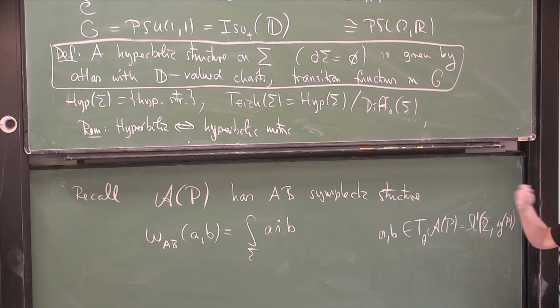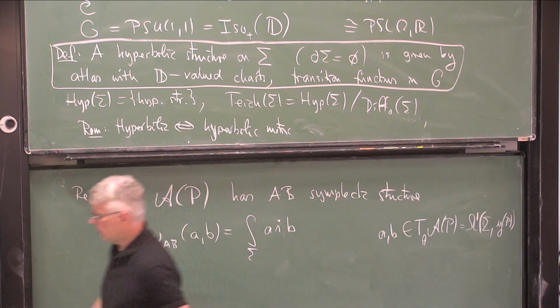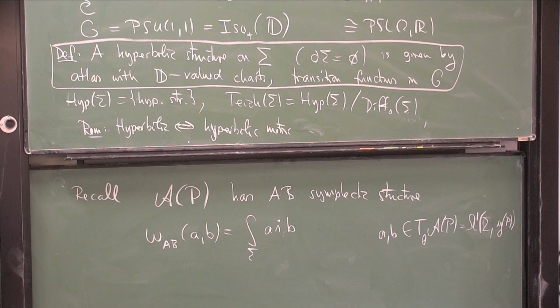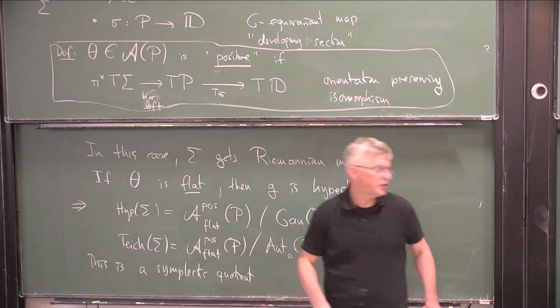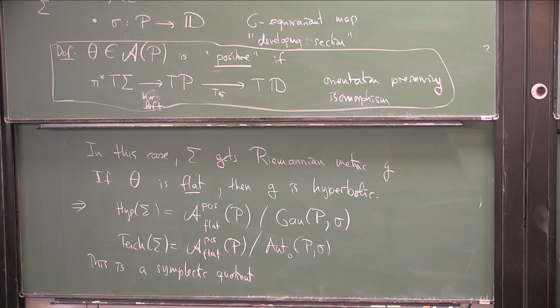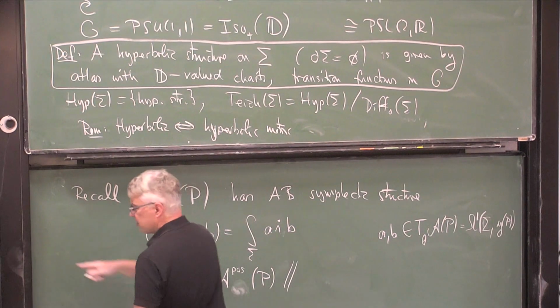And using that language, the curvature essentially becomes a moment map for this action of automorphisms, and this becomes a symplectic quotient. So I can say Teichmueller space is a symplectic quotient of these positive flat connections on P by this group.